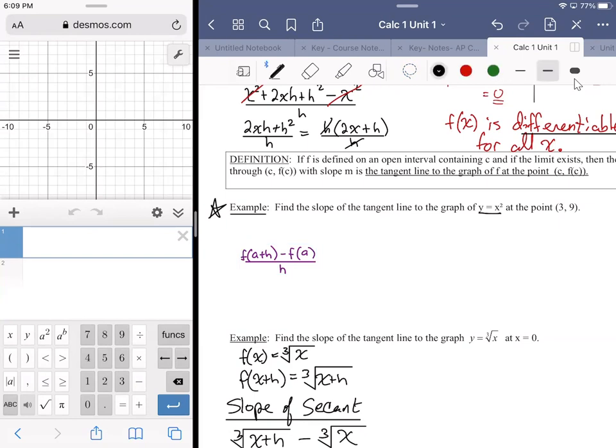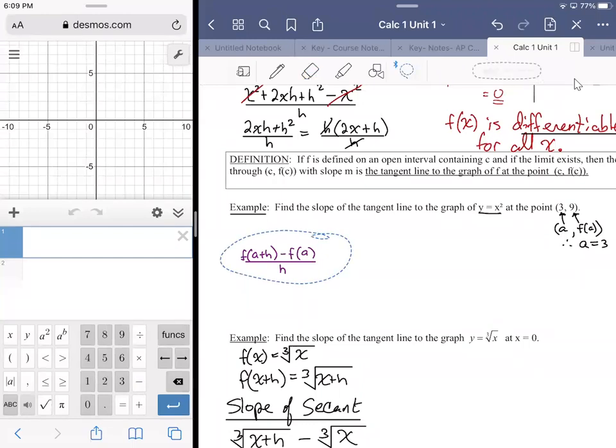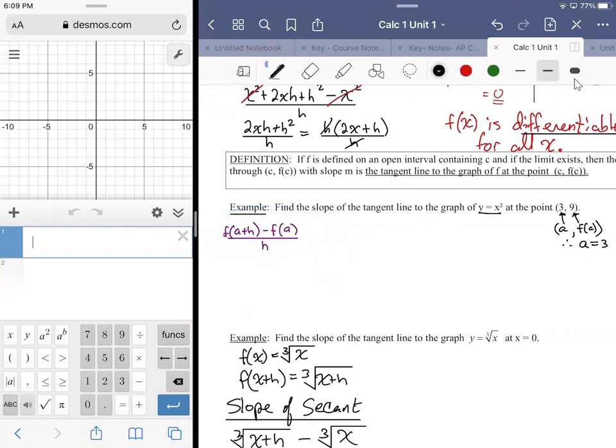So if I tell you that this point is a comma f of a, then what we're really saying is a is equal to 3. So what I could do is modify my difference quotient. Instead of saying f of a plus h minus f of a all over h, I could say f of 3 plus h minus f of 3 all over h.